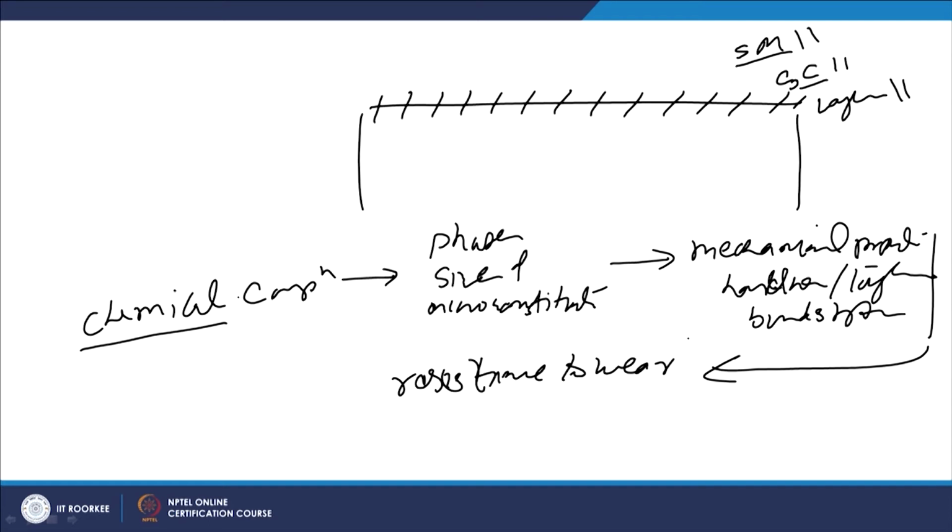So, obviously there is a sequential relationship between these sets of properties. We therefore need to assess the chemical, metallurgical, mechanical and then tribological properties of the modified surfaces.